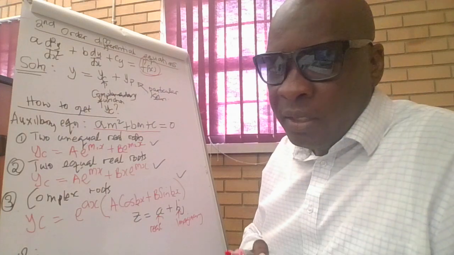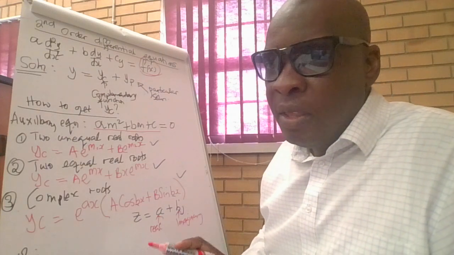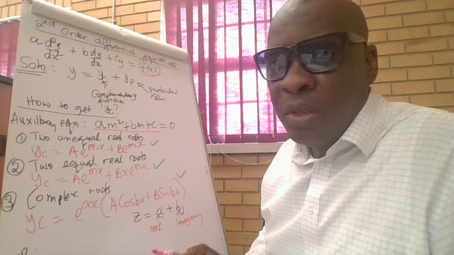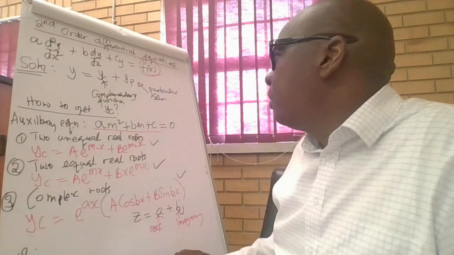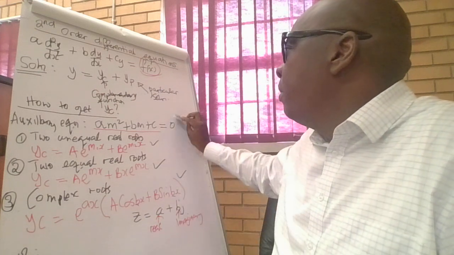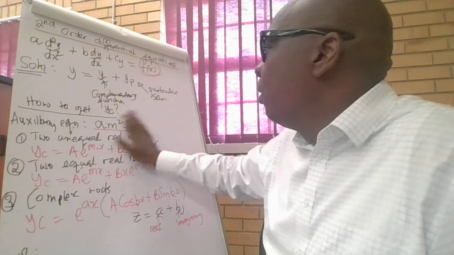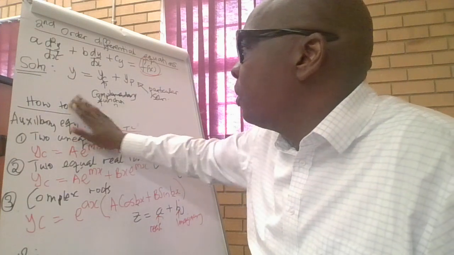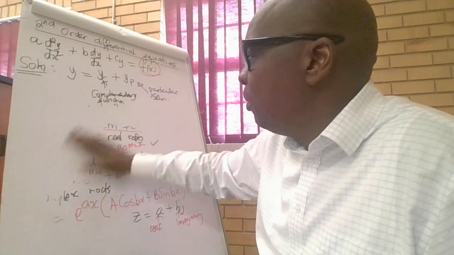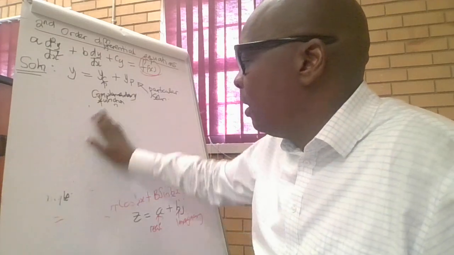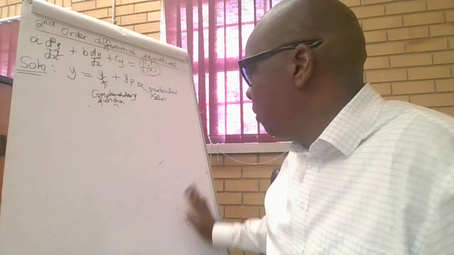If f of x is equal to 0, then yp is also equal to 0. So now I want us to quickly look at a problem where your f of x is actually equal to 0, so we can solve a second order differential equation.